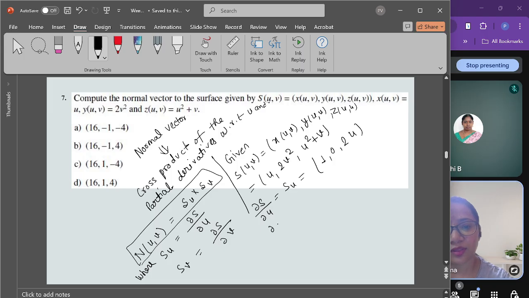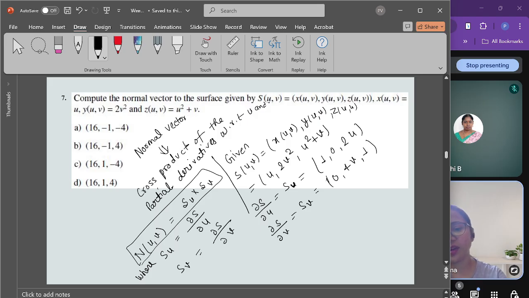Now if you differentiate with respect to v, it is also represented by s_v. Here you get 0, here you will get 4v, and here you will get 1, right?